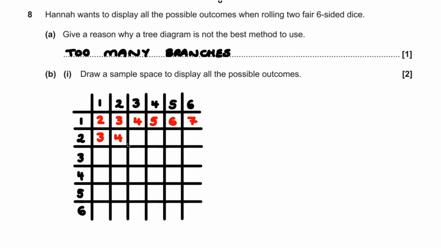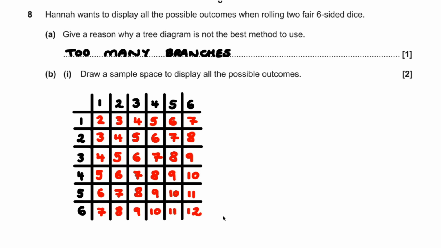So we have 3, 4, 5, 6, 7, 8, and again 4, 5, 6, 7, 8, 9, continuing 5, 6, 7, 8, 9, 10, and continuing 6, 7, 8, 9, 10, 11, and continuing 7, 8, 9, 10, 11, 12. We've got our completed sample space diagram.